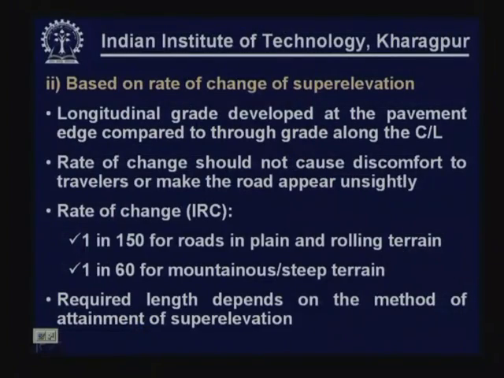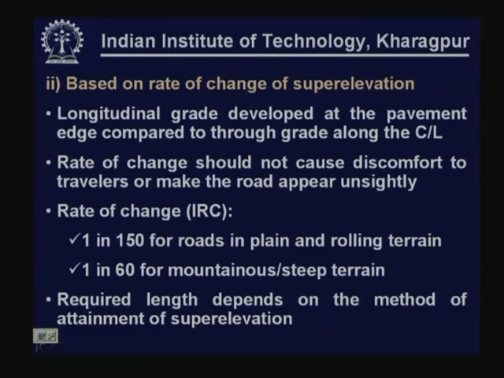When we talk about rate of change of superelevation, it means the longitudinal grade developed at the pavement edge compared to the grade along the center line. And why do we limit this rate of change? Because it should not cause discomfort to travelers or make the road appear unsightly.